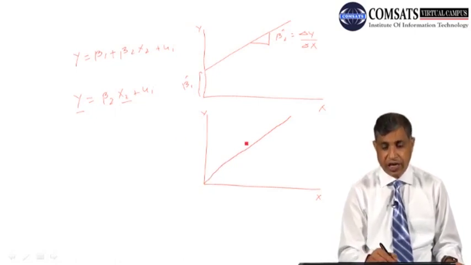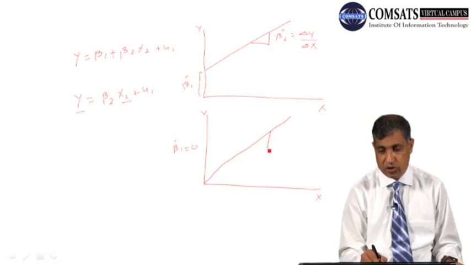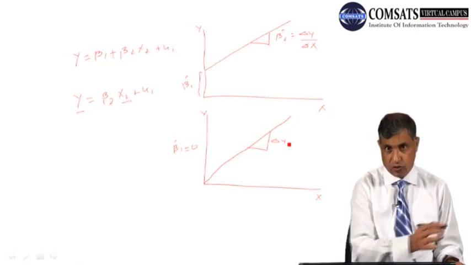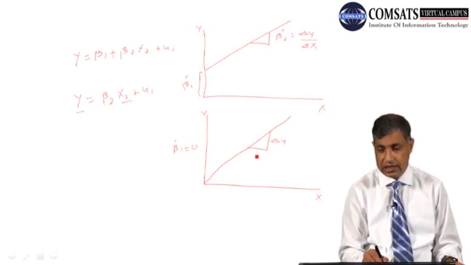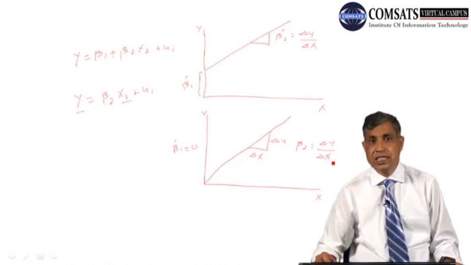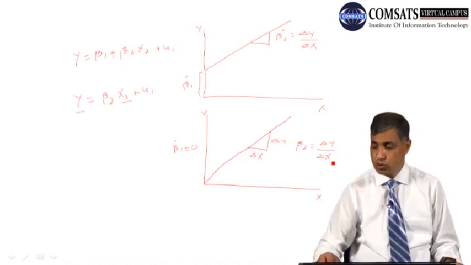So this is the situation, and now you can see that beta 1 is equal to 0, no intercept there, and this slope again shows the change in y on the vertical axis and the change in x, and beta 2 is equal to the change in y with respect to x. So this is the situation when the regression is through the origin.